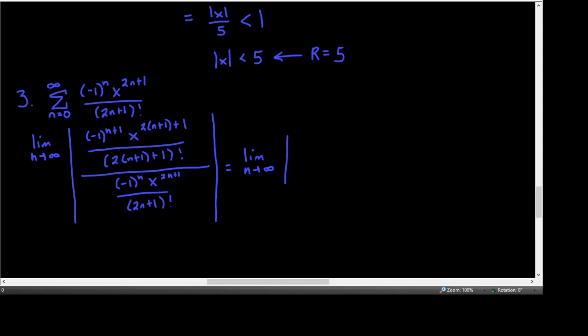So I'm going to go ahead and just write this as x to the 2n plus 2 plus 1, which is 2n plus 3, just doing that distribution and collecting like terms. And the thing inside of the parentheses that we're going to do the factorial of is also going to simplify to be 2n plus 3.